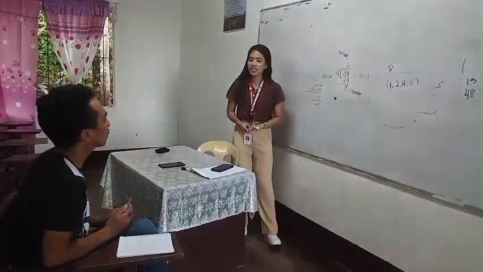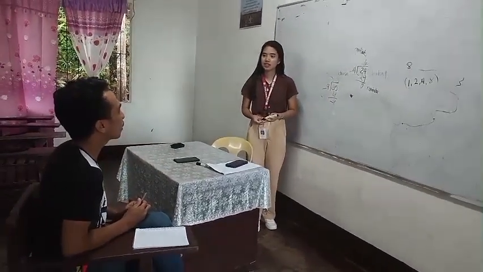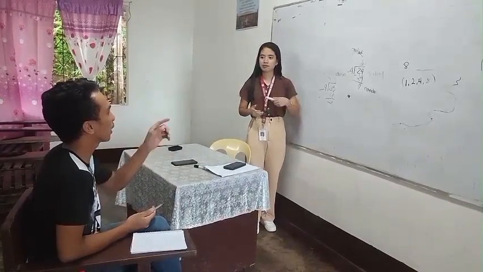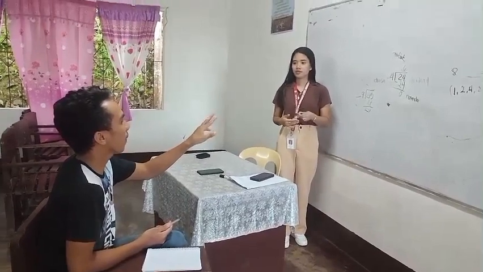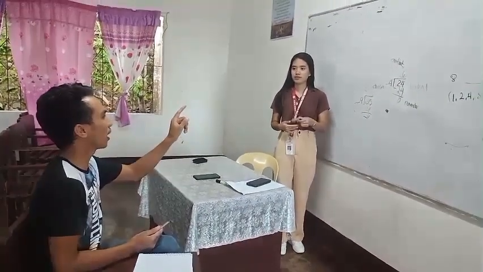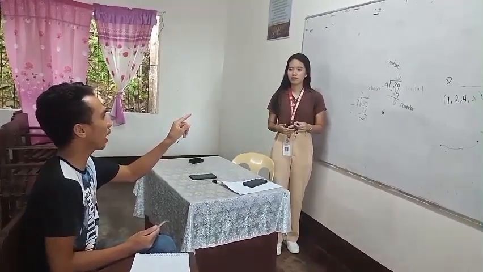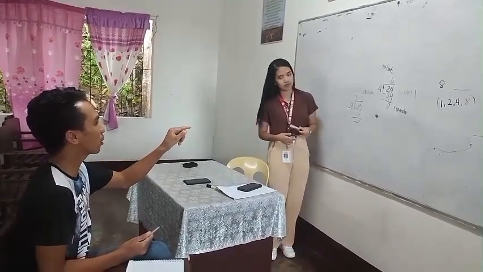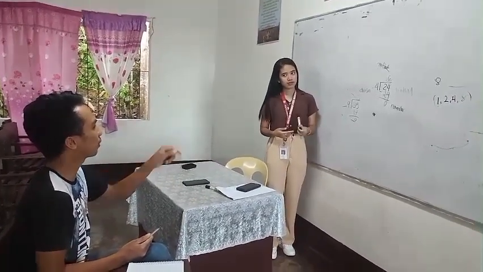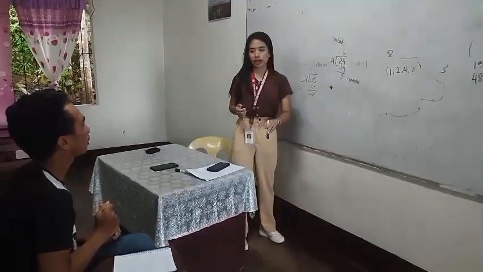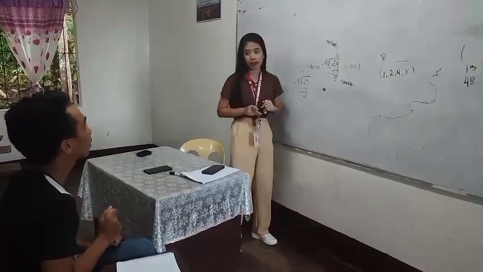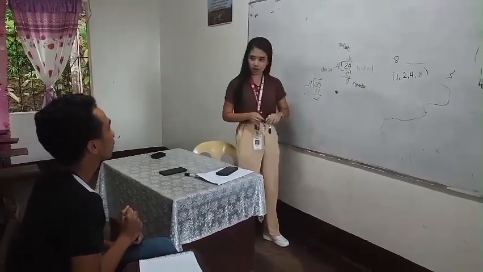Ma'am, I have a question. How can we conclude that the 8 is the remainder, and how can we compute it? 3 times 9 and the remainder is 8 would be 35. Okay, so in order for us to check if our answer is correct, this is what we're going to do.